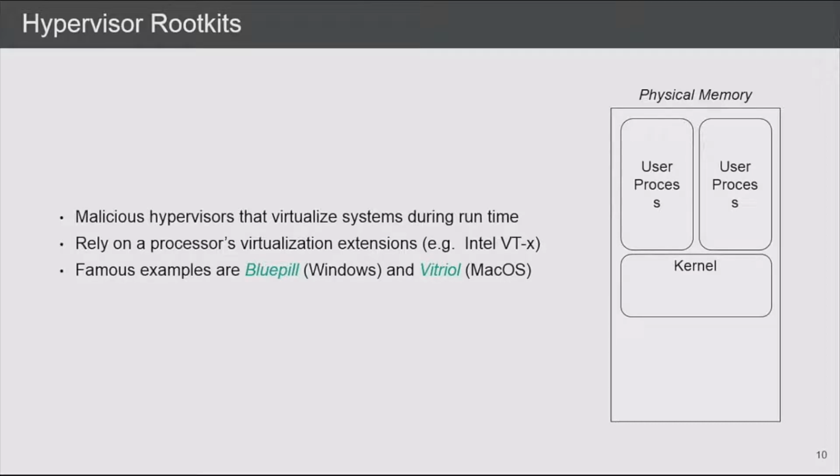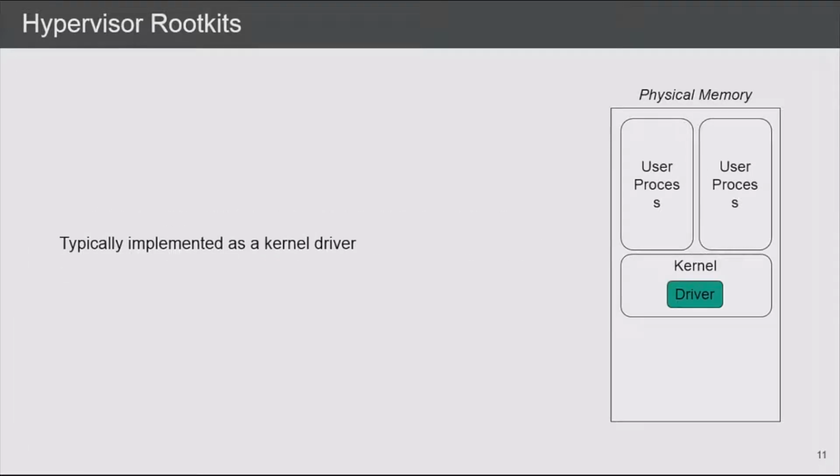There are some famous examples, like the Blue Pill rootkit, which was developed by Joanna Rutkowska a few years ago and was able to subvert Windows systems, while Vitriol is basically doing the same thing for Mac OS and was developed by Dino Dai Zovi.